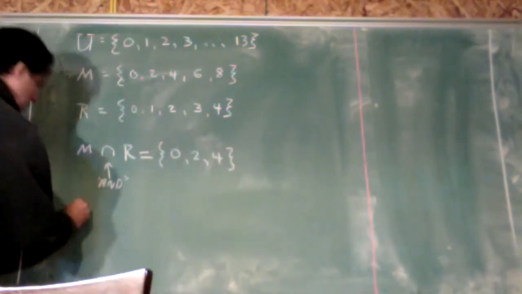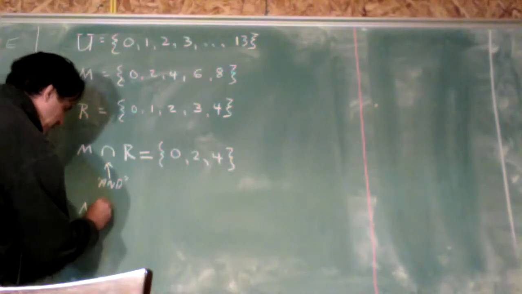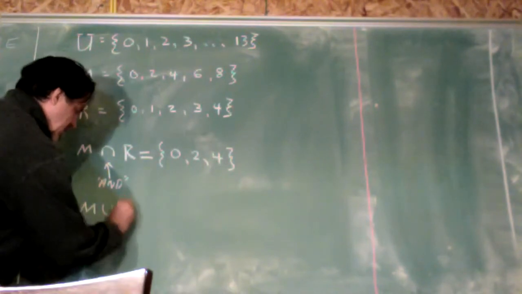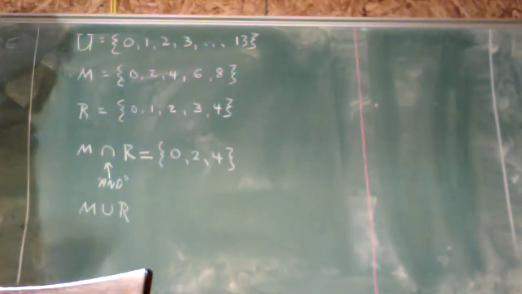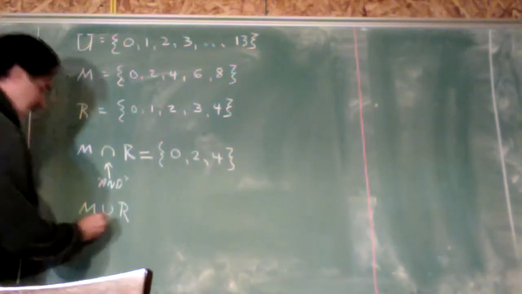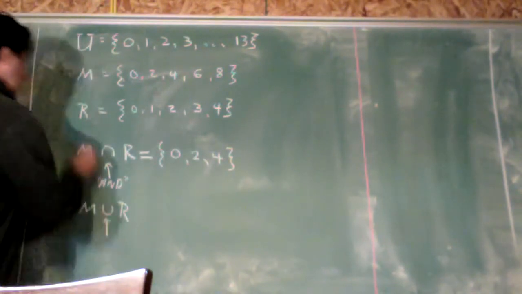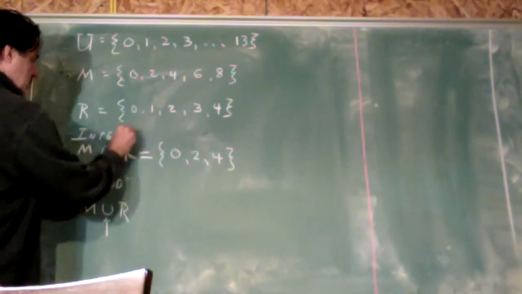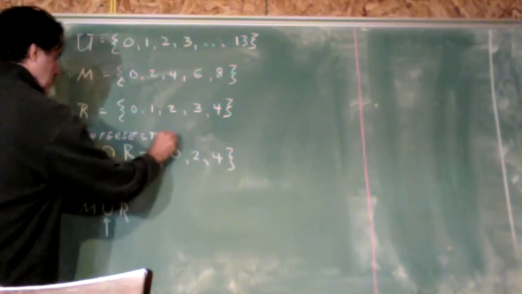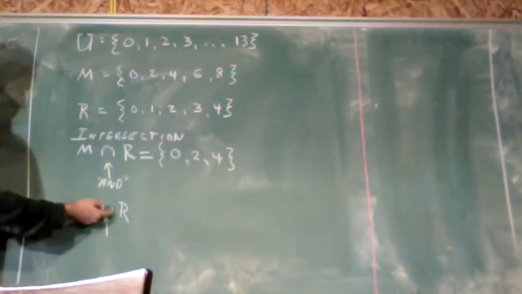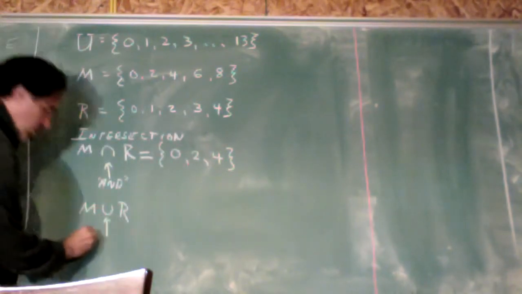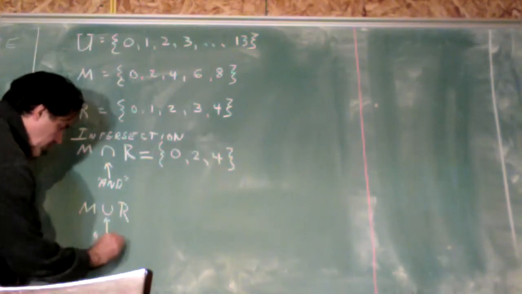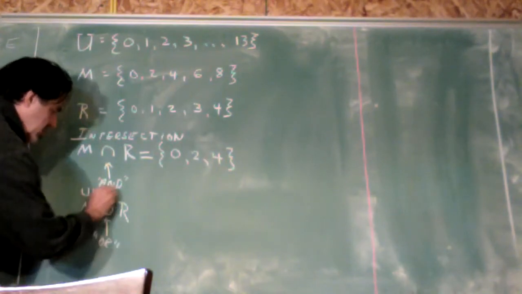Just as a quick recall, what if instead we'd been given M cup R, or M union R? Again, so people remember, the previous one is the intersection. M union R, or M OR R. This is a union.